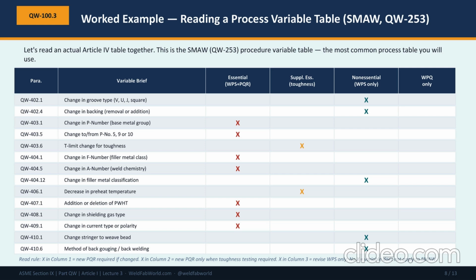When you can do that for SMAW, pick up QW256 for GTAW and run through the same exercise. The structure is identical, but some variables appear in different columns because GTAW has shielding gas, tungsten electrode type, and backing gas, variables that simply do not exist for SMAW.